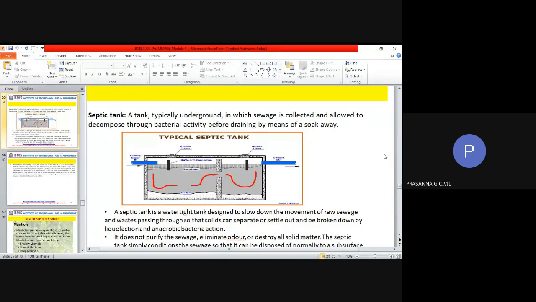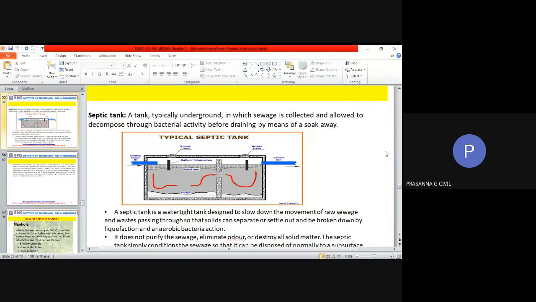But if you go a little towards the revenue areas and places like that, the sewerage network would not have been laid down by the municipality or corporation, whoever is looking after that. So when houses or buildings are constructed, they create a single point of treatment, which is called a septic tank.